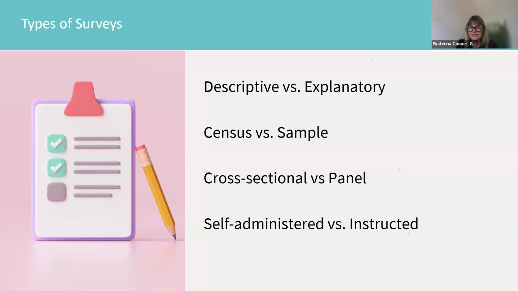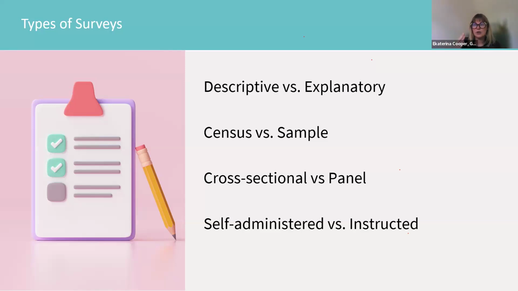Cross-sectional allows us to collect data once and doesn't require multiple implementations. So it gives you a cut of information about your participants, whether it's teachers or students. It's just here and now, a simple single cut, so that is not reflective of multiple repetitions.